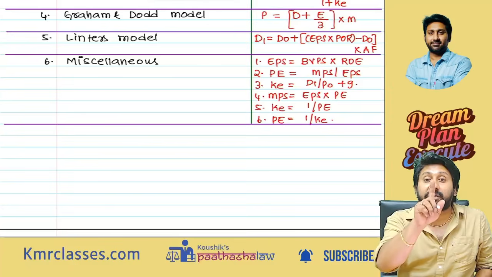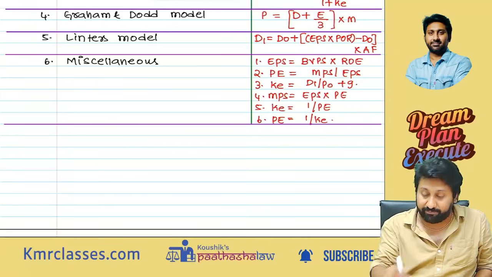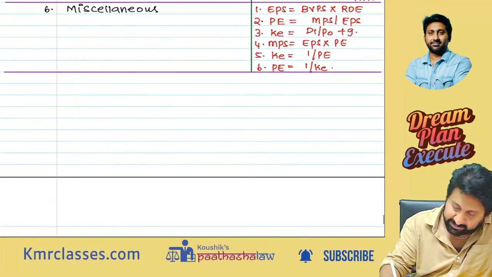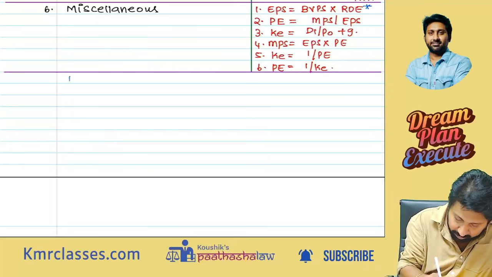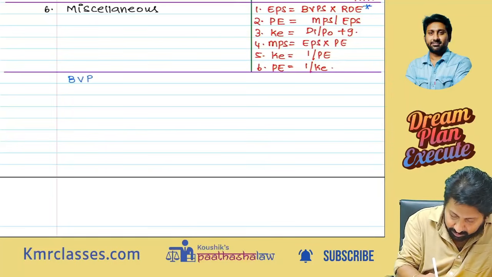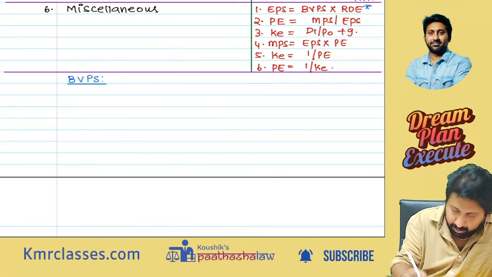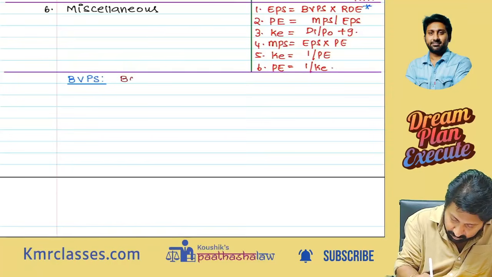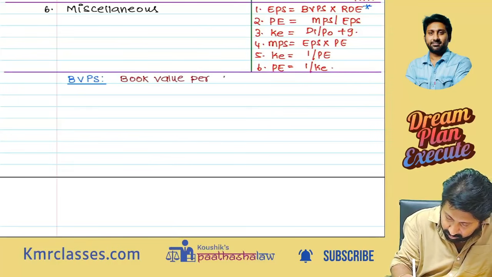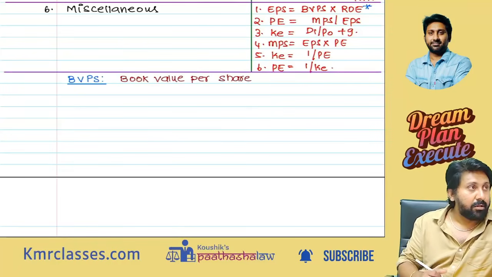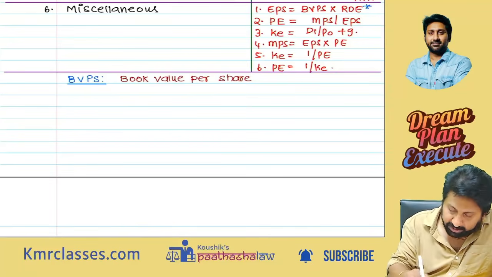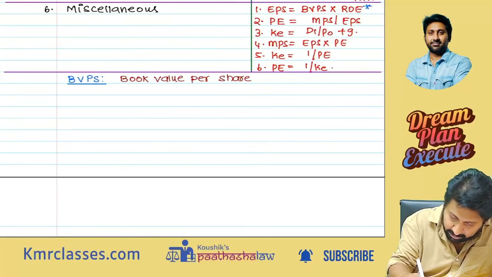If EPS is not given in the question but BVPS is given, the question will come: Sir, what is BVPS? Small note. BVPS is book value per share. Okay, now let us understand one point. What is book value?